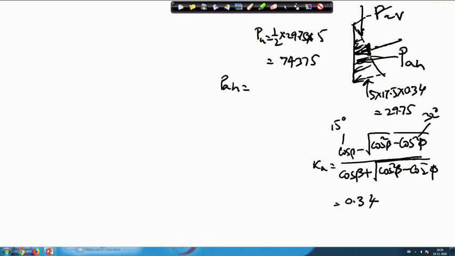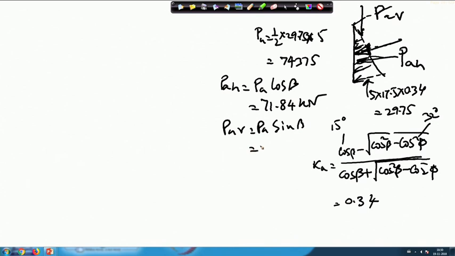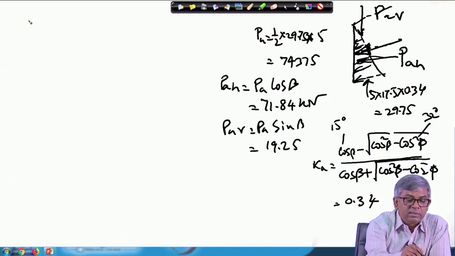This angle is 15 degrees, so PAH will be PA cos beta, equal to 71.84 kilonewton, and PAV will be PA sin beta, which if you calculate becomes 19.25. Now we have got this, and in addition, there is the wall dimension, I will just draw it now, and it was something like this.